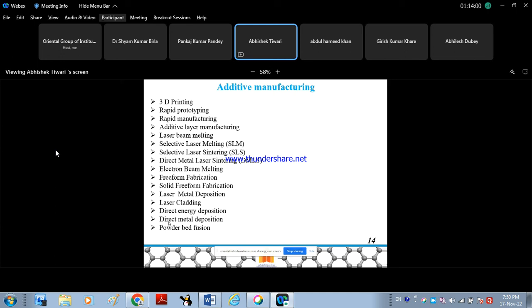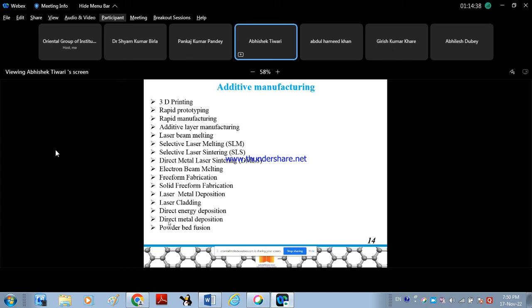We say laser cladding when we deposit just one or two layers, but when we have multiple layers, then we say additive manufacturing. Then direct energy deposition. In direct energy deposition, the energy, for example a laser, and the metal powder are deposited at the same time. That's why it is called direct energy deposition. And then direct metal deposition, one and the same name.